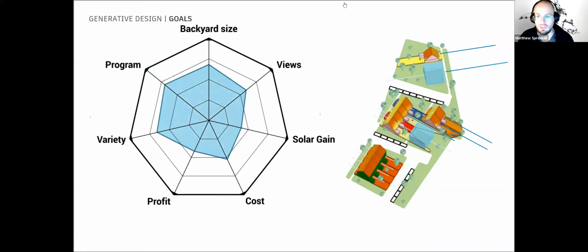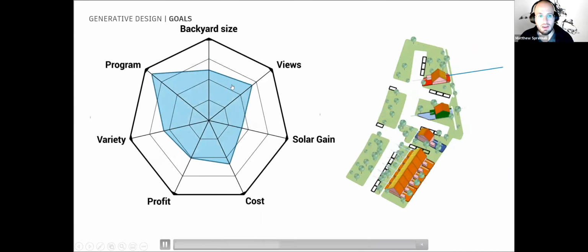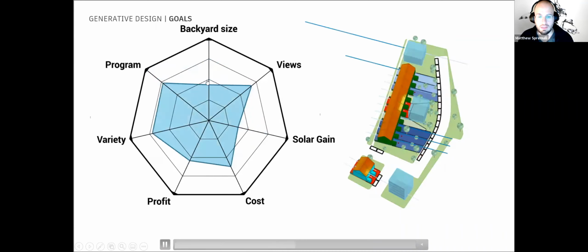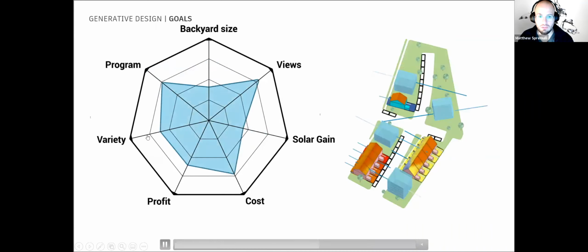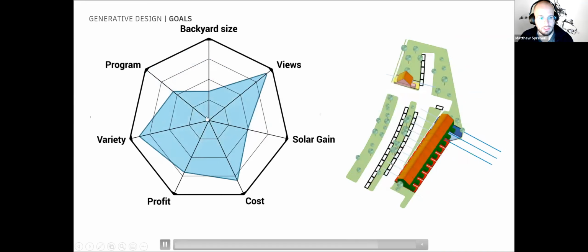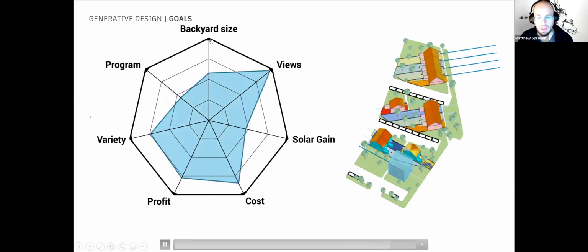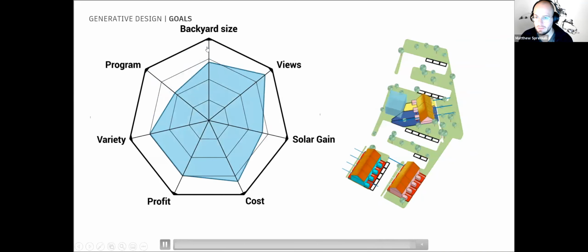So here you can see all the iterations and how they are scoring. This is another way to represent goals on the left. This is called a radar graph that shows you on a scale of 0 to 10 how well each one is scoring.